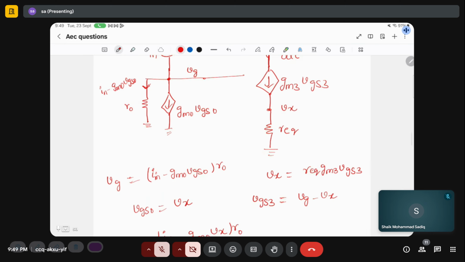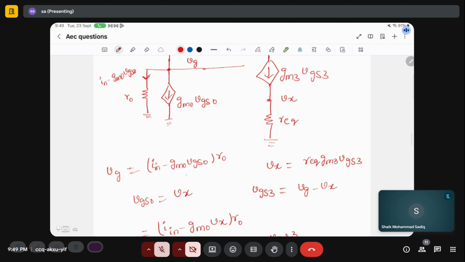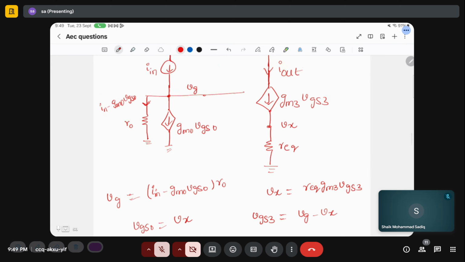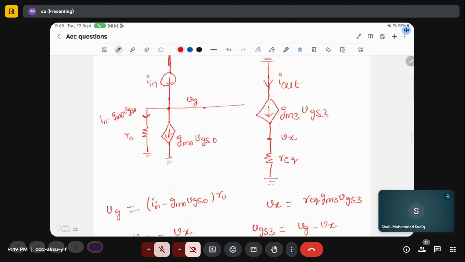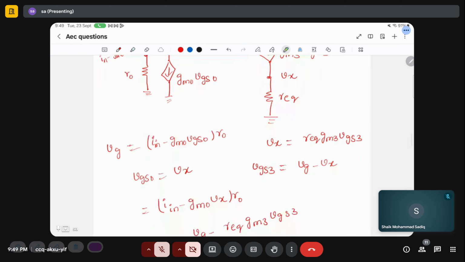So VG is nothing but (Iin minus gm0 VGS0) into r0. And again Vx is nothing but the current, gm3 VGS3, into R equivalent. Here the node potential is the current flowing into R equivalent.